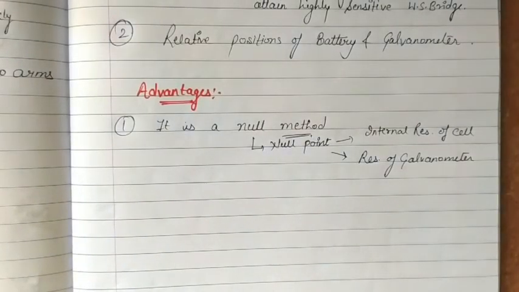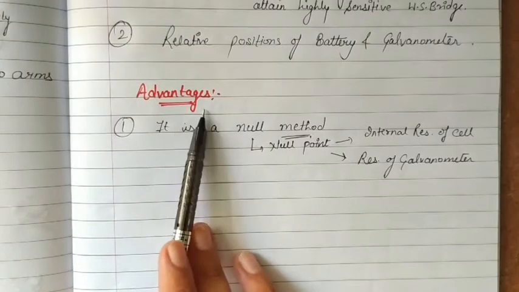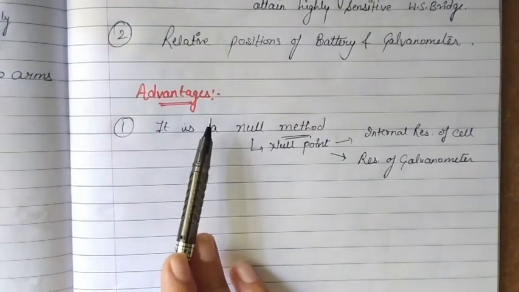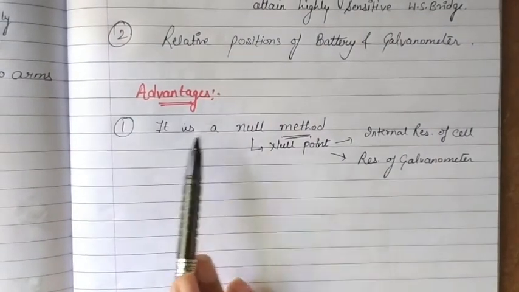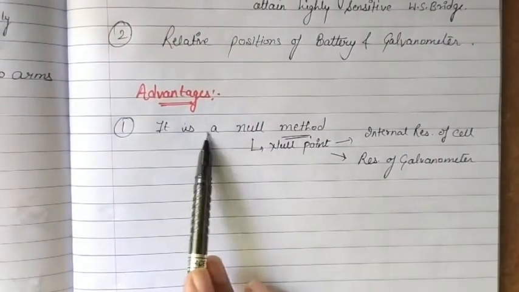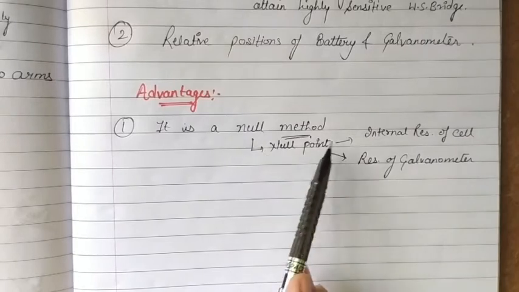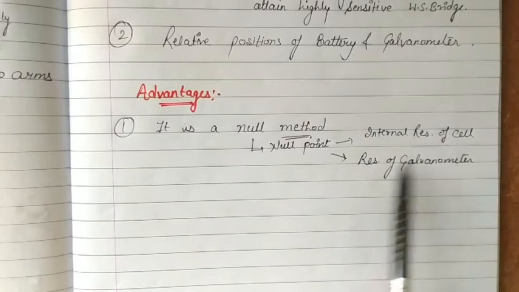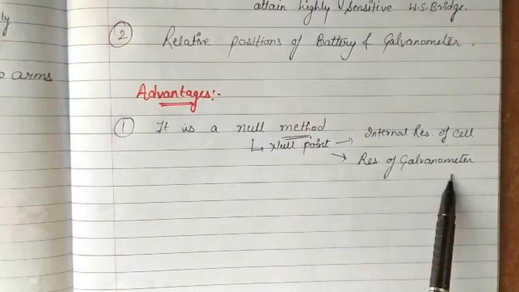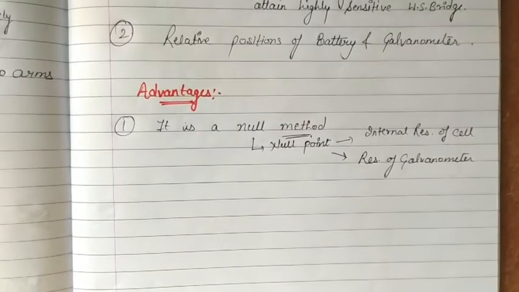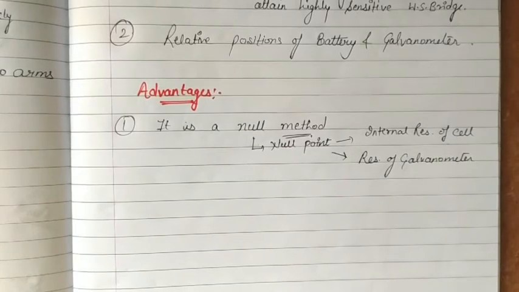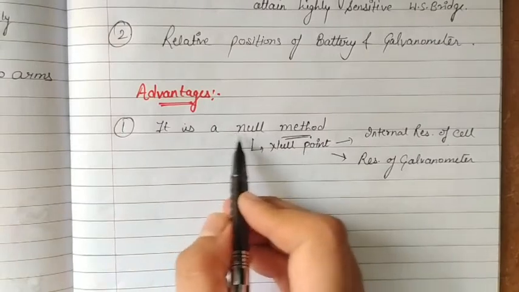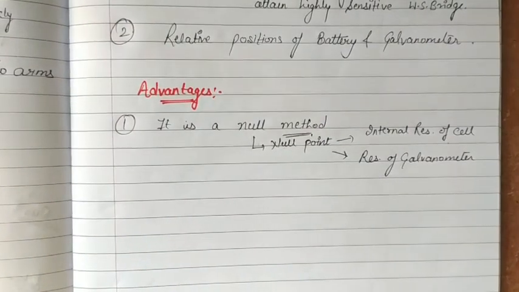That's why we are using this process. So the very first advantage of using a Wheatstone bridge to find an unknown resistance is that it is a null method, and while finding the null point it remains unaffected by the internal resistance of the cell as well as the resistance of the galvanometer. Both these factors will not affect the process. That's why we can find the null point, or the unknown resistance, accurately.